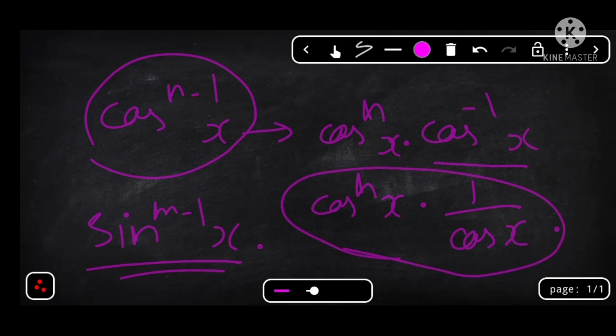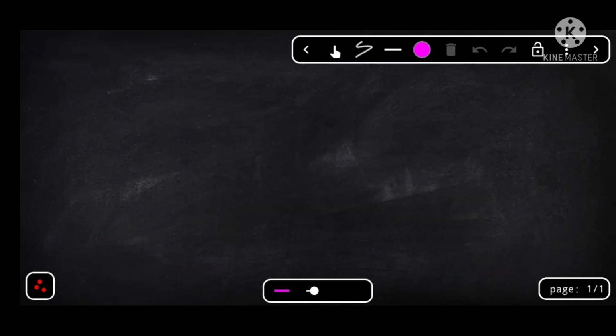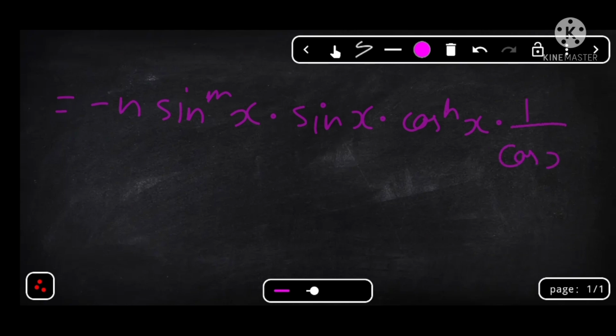In case of sin raised to m minus 1, instead of cos, sin will come. So let's write that: minus n sin raised to mx into sin x into cos raised to nx into 1 by cos x, plus m sin raised to mx into 1 by sin x into cos raised to nx into cos x.